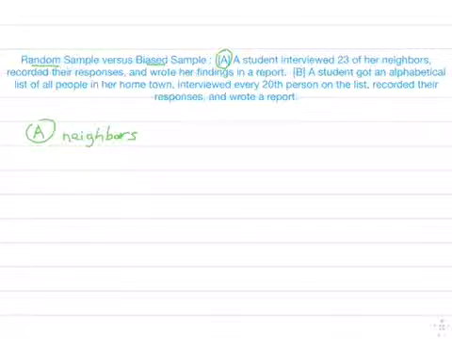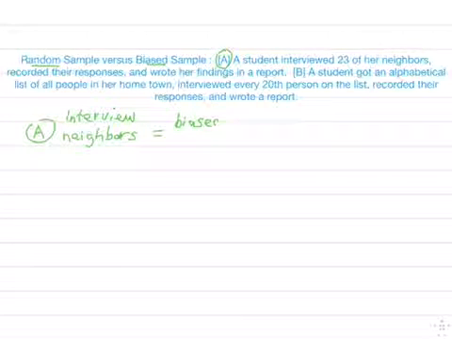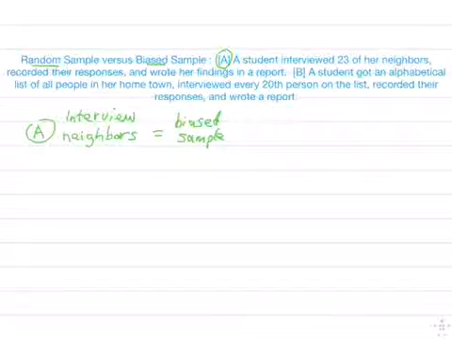That's not to say that her neighbors are exactly like her, not at all. But she has excluded people who don't live in a neighborhood like hers.